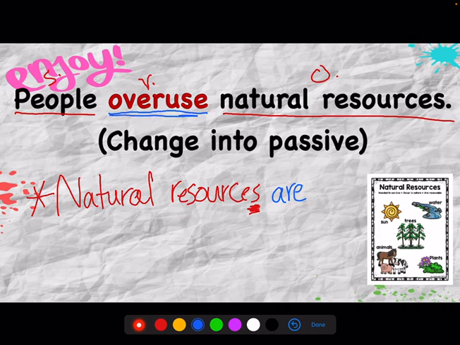Here's my verb, but pay attention that you have to change it into past participle, so it will be overused. I can end my sentence like this: natural resources are overused, or I can add the subject: natural resources are overused by people. Okay, so these are present sentences, how to change the present sentences into passive.